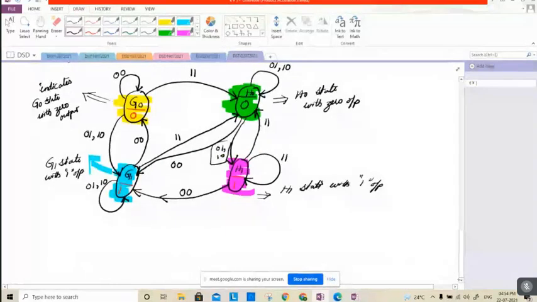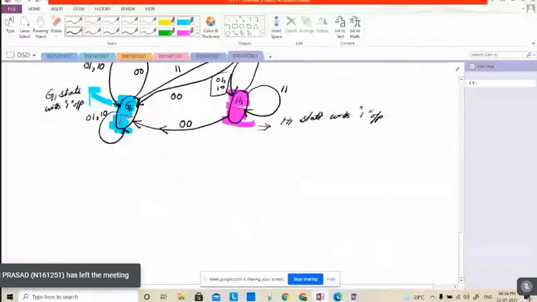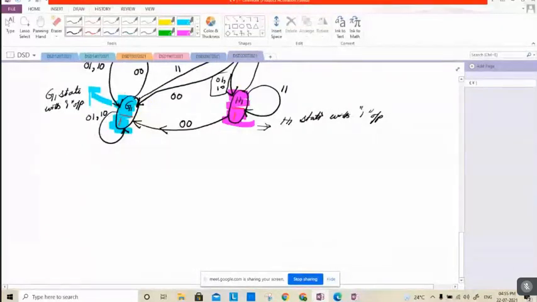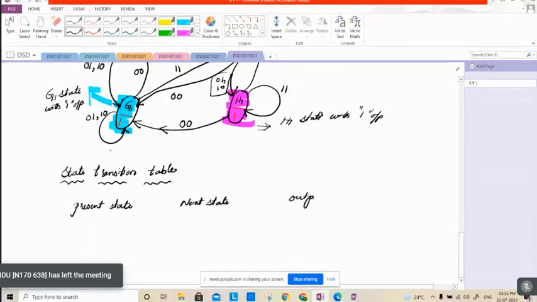So if we are in the G0 state, I'll draw the truth table for this now, the state transition table: present state, next state, and output values.